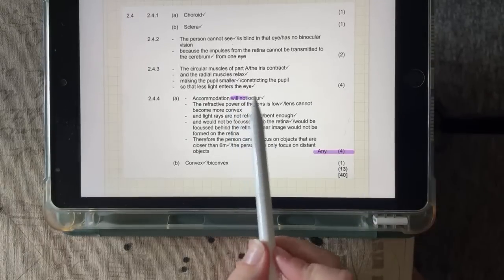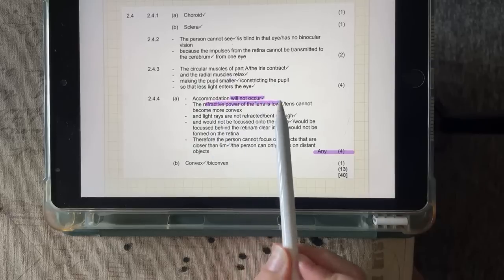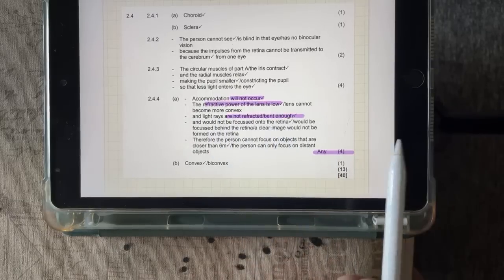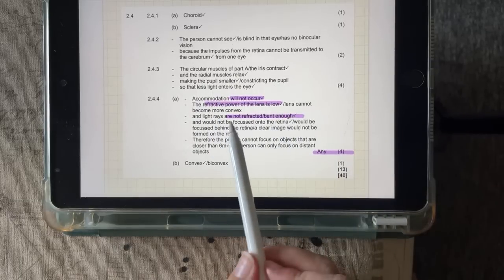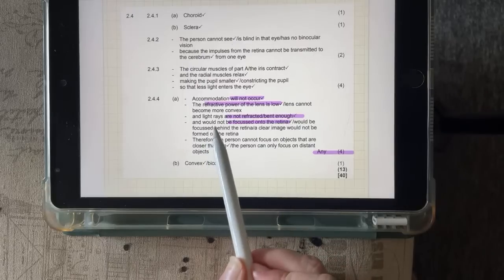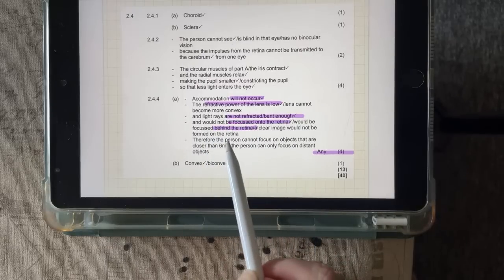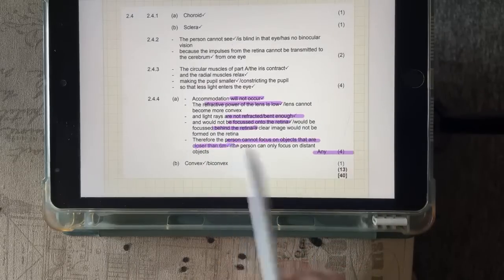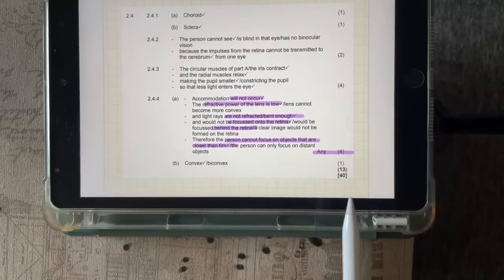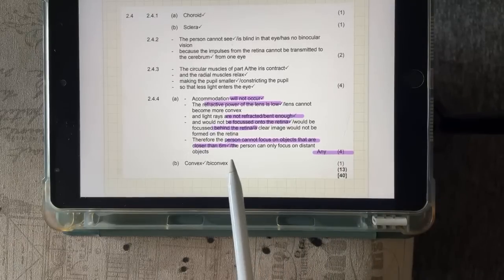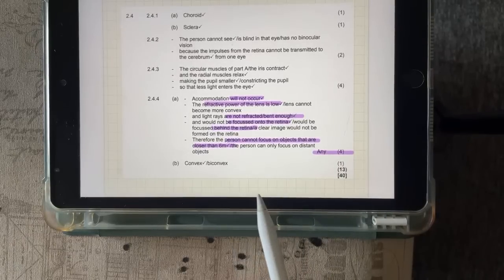So like here's an option, the refractive power is low, the light won't be refracted, it won't be focused on the retina or to be behind the retina, and therefore the person cannot focus on objects closer than 6 meters. I think that's the only one that I didn't mention was the fact that they are long-sighted, but I suppose if you said the words long-sighted, you would still get this mark. Okay. I'm going to leave that up for anybody who wants to come back and look at this memo for a few more seconds.